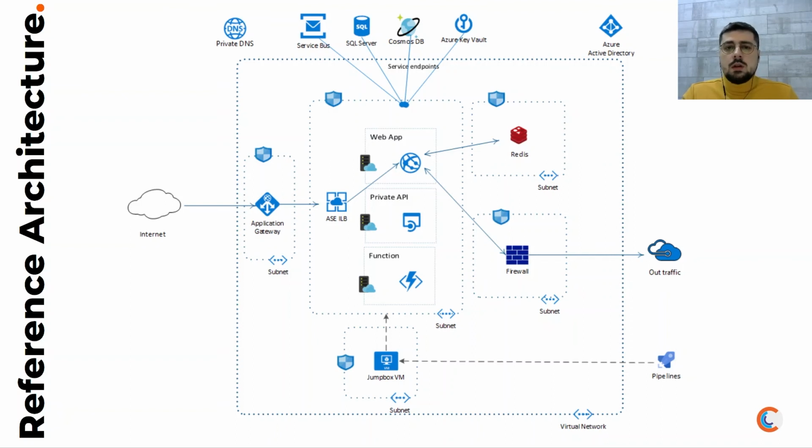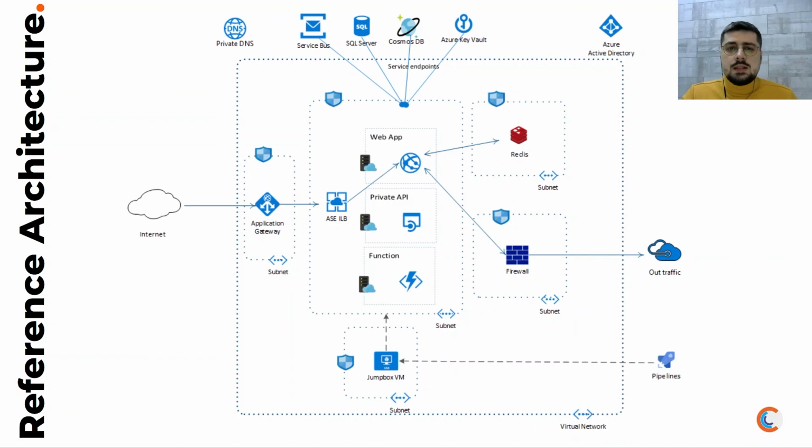The main component of this architecture is the App Service Environment. ASE must always be deployed in its own subnet within the enterprise virtual network, allowing tight control of the incoming and outgoing traffic.